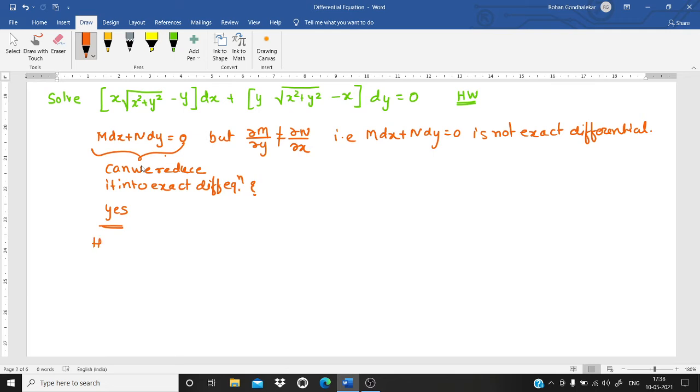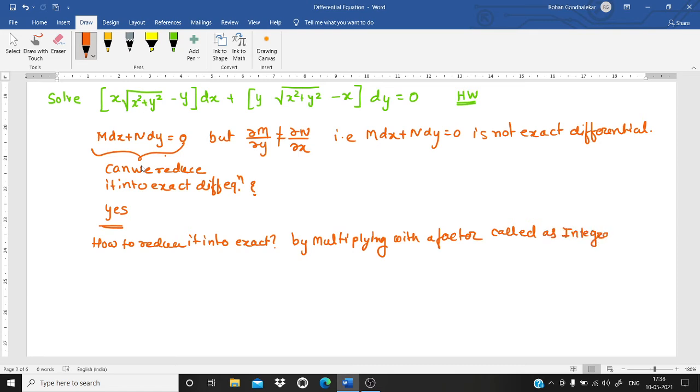How to reduce it into exact? By multiplying with a factor. The factor would be a function of x or y. By multiplying with a factor called the integrating factor.